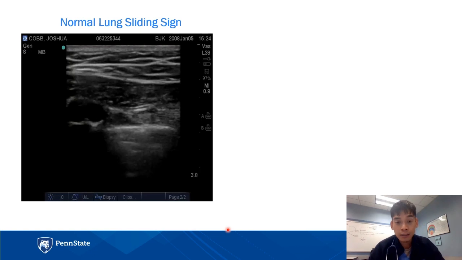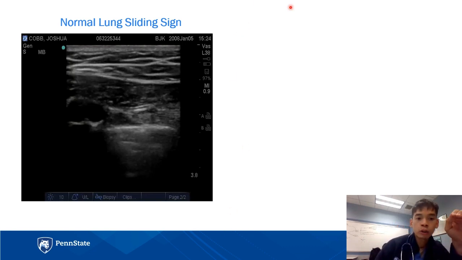Lung sliding occurs because when you have that little lubricant within the pleural sac and your lungs inspire and expire, you should see some lung movement, okay? In contrast, when you have a pneumothorax with air and pressure, similar to the heart, your lungs won't be able to inspire and expire and will stay stuck, okay? So let's look at what normal lung sliding looks like.